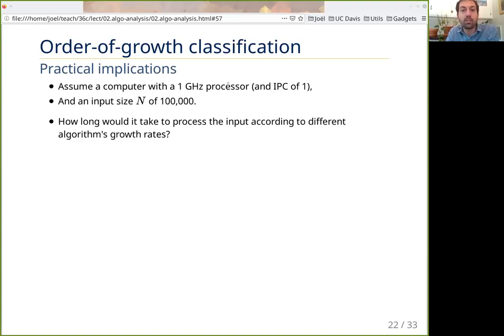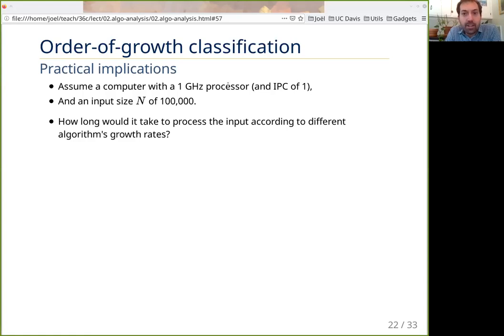So imagine you are working for the city of Richmond, California, and the mayor asks you, hey, we need to run a certain algorithm to, I don't know, figure something out about the inhabitants. And so you know that you're gonna have to run some sort of processing loop on 100,000 items.